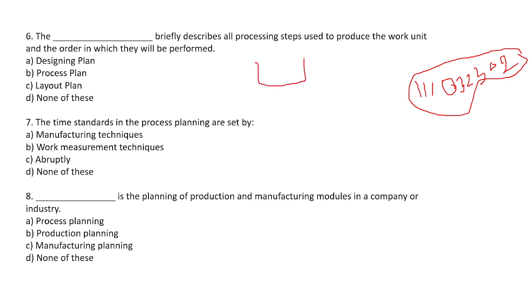If we note process planning as PP, the design of a part or product is given, and here is your machine tool.